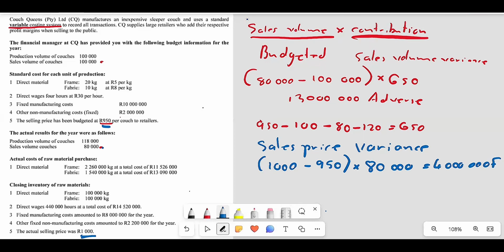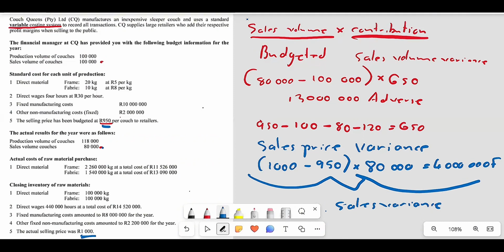Okay. Now, this is how you calculate any income variance, or actually sales variances. So a separate video will be made where you calculate sales mix and sales quantity variances. But for now, I just wanted to show you how to calculate the sales volume variance and the sales price variance.